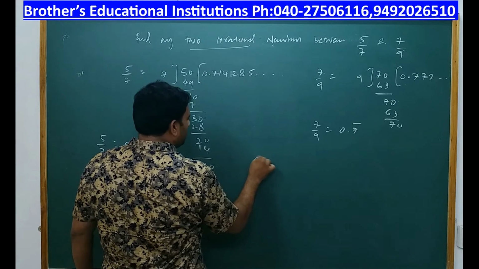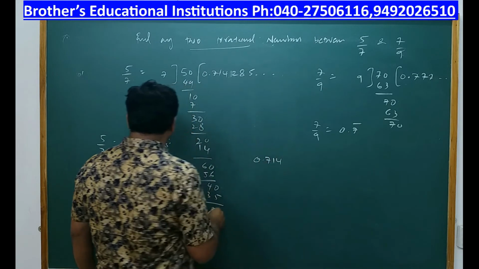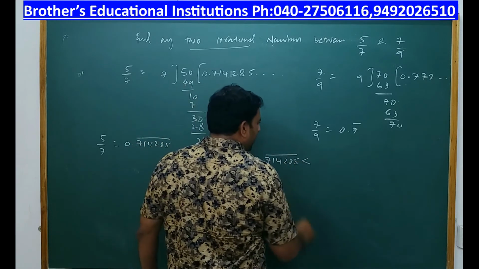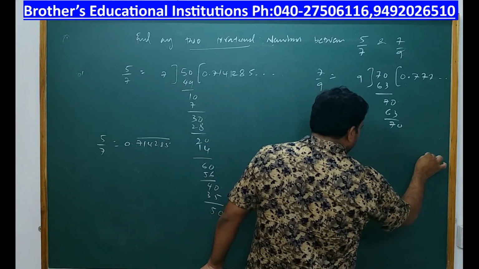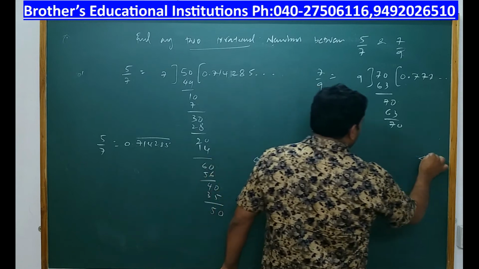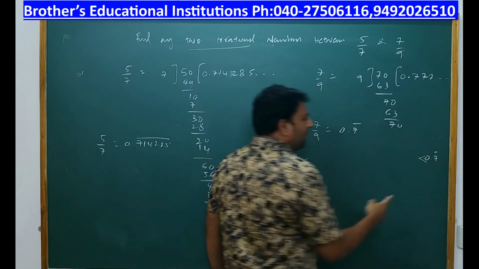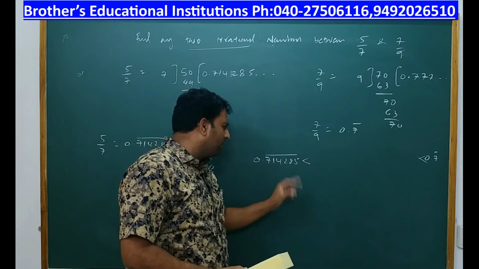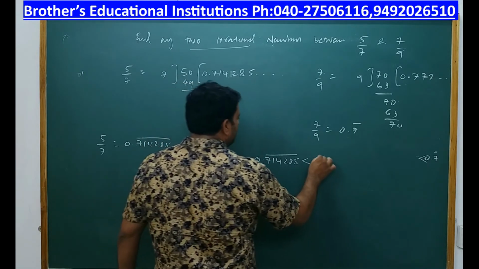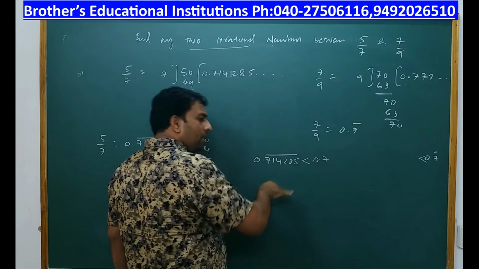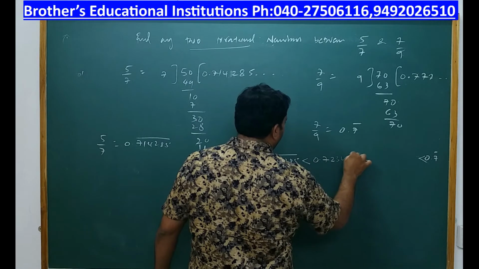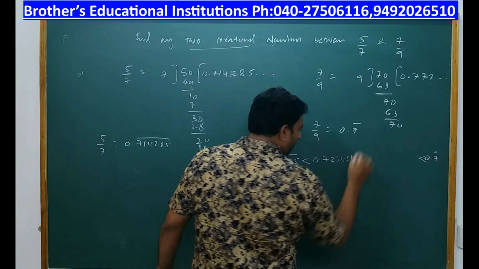So I will write 0.714285 bar is less than, and I have to write two numbers in between. And at the end, what do I have? 0.7 bar. 7 bar means 0.777 like that. Now after 0.714 I will write any number. 0.72 you can write, 7 2 3 4 5 1 and so on.